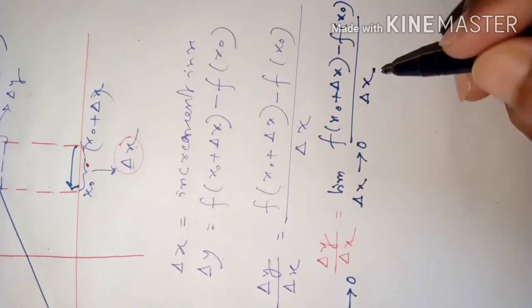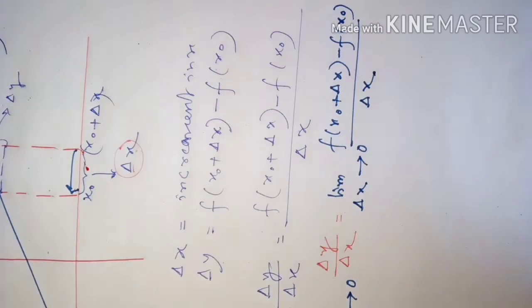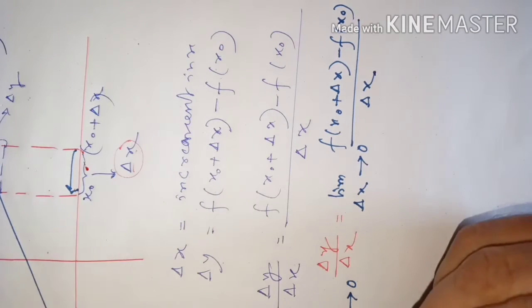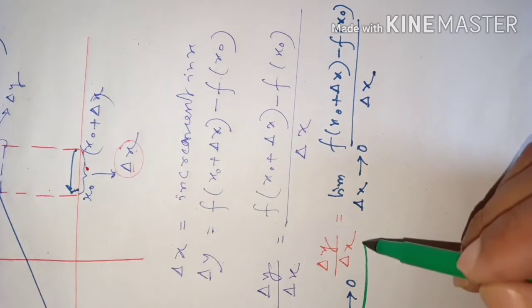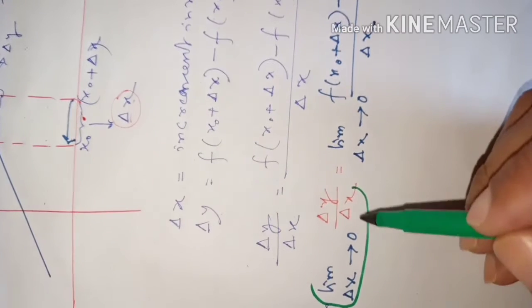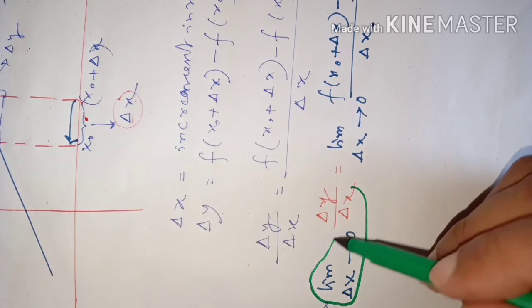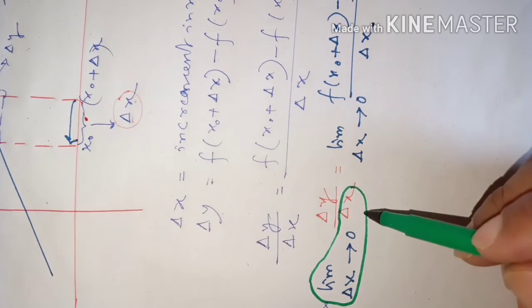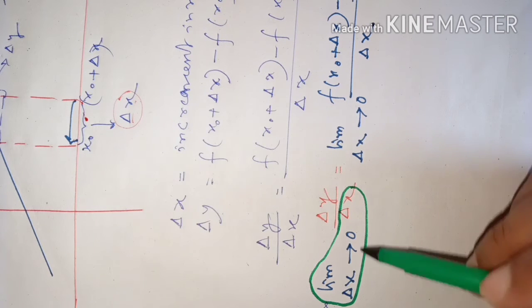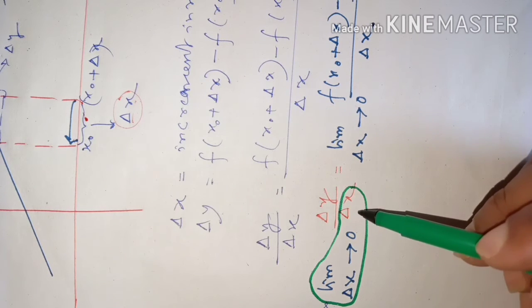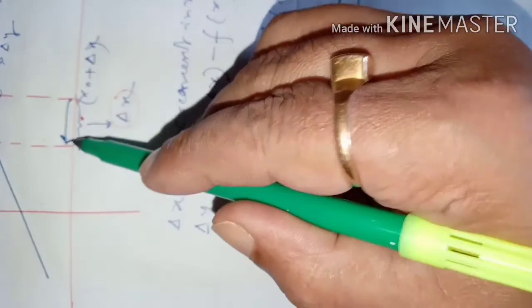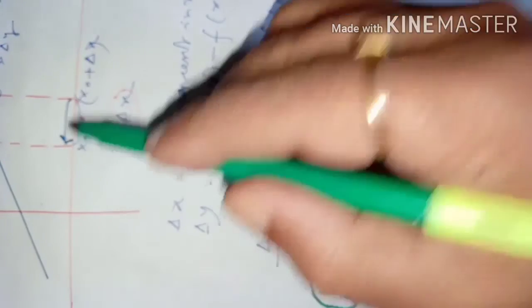Okay, so this part, limit delta x tends to 0, what does it represent? It means this delta x, the denominator, is very close to 0, means very close to this point x naught.